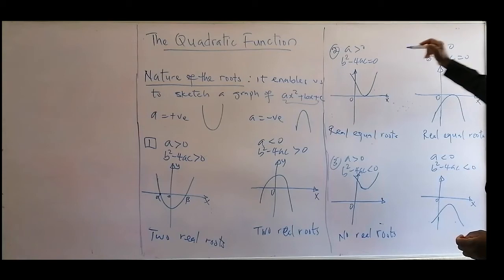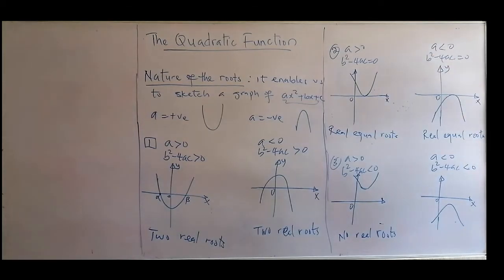Same thing here, and when the discriminant is less than 0, there are no real roots. Okay, let's continue.